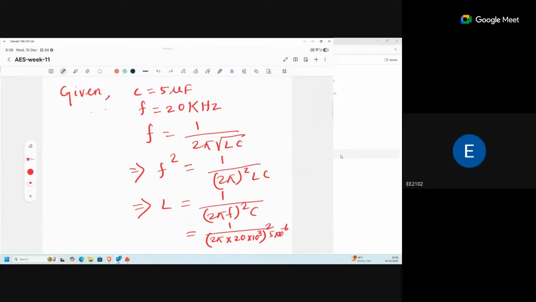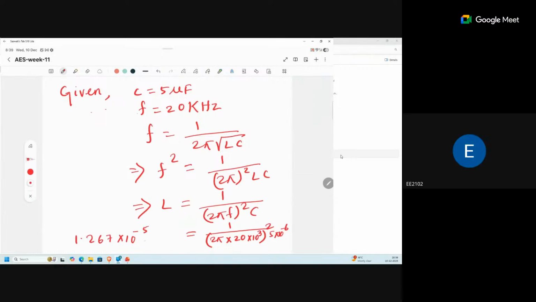You have to take the square of that, so you'll get 15,791. Then multiply with 5, then take the inverse of that. That will give you 1.267 into 10 to the power minus 5.